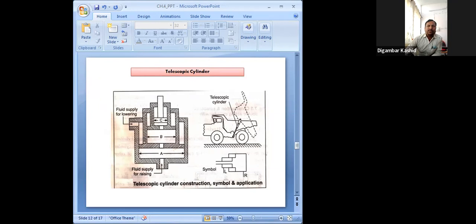This symbol is common for both hydraulic and pneumatic cylinders, okay, and please remember this type of telescopic cylinder is normally used in our dumper or tipper. You can see here I have shown a diagram also, where it is located, getting it.